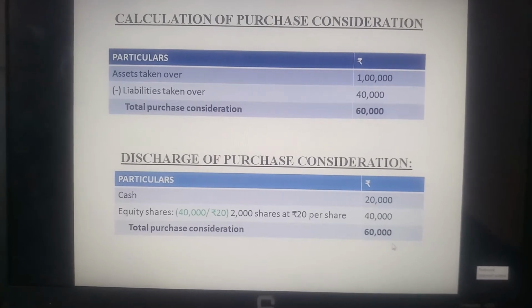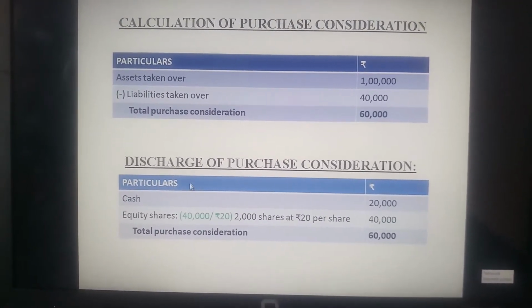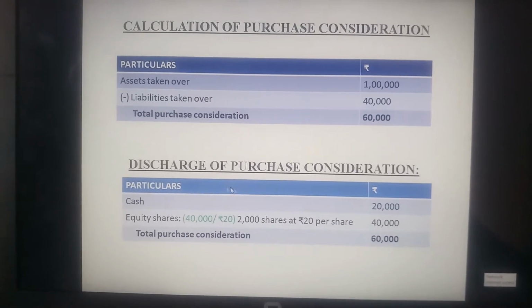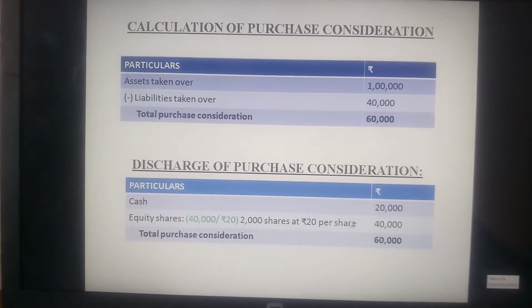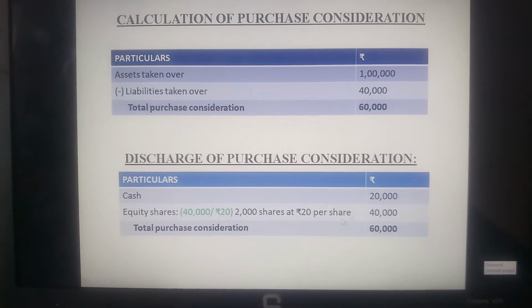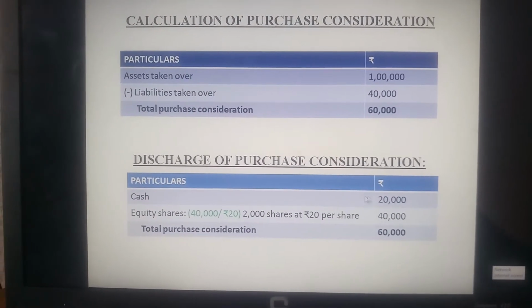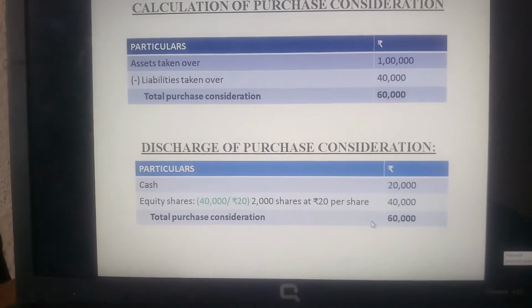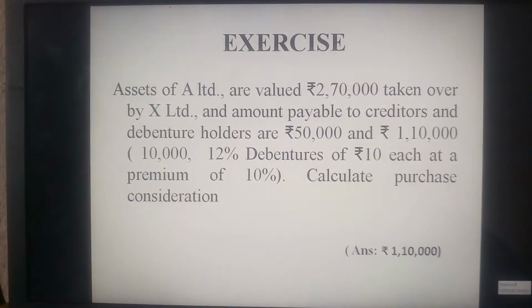So 2,000 into 20 is 40,000. Either way, we get 40,000 rupees. So the total value of purchase consideration is 60,000 rupees. So this is how discharging of purchase consideration is made under net asset method.